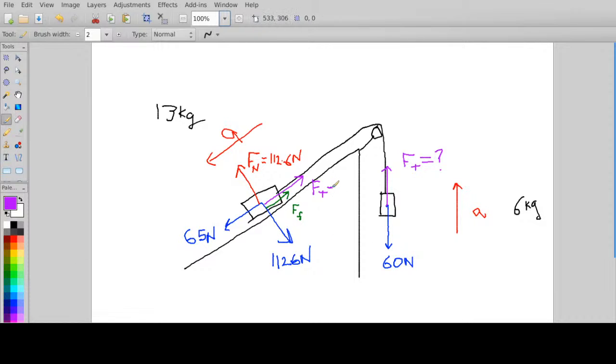We don't know how big this tension is because it's equal to the other tension. Like the tension throughout the string is the same, okay? So if you don't know the tension here, you don't know the tension there, okay? All we know is that they're the same value, but not what that value is, okay? For the force of friction, this is kinetic friction, so we can calculate that. I just don't have enough room to do it here, so I'll do it on my other whiteboard, okay?